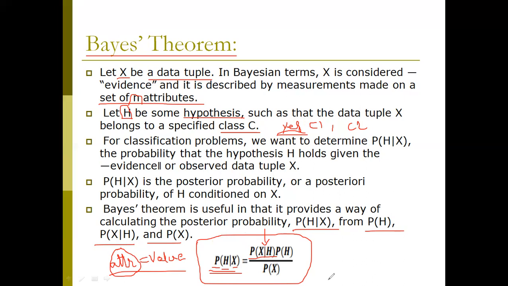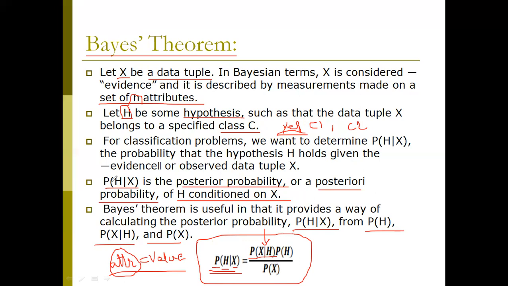right? So here, P of H by X is the posterior probability, or you can write it as the posterior probability of H conditioned on X, which means, if X is an attribute, how many records are there which are class labeled with some H conditioned on X here.